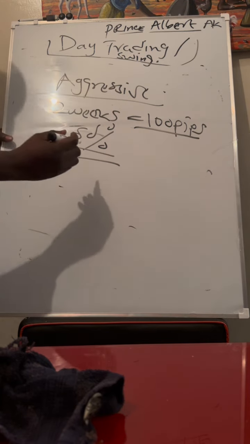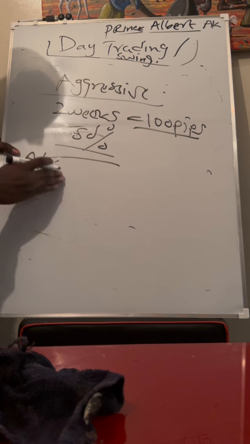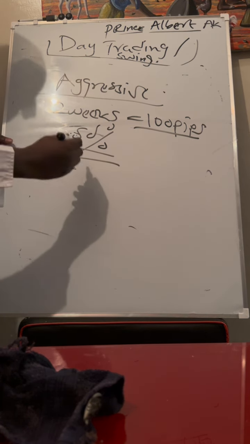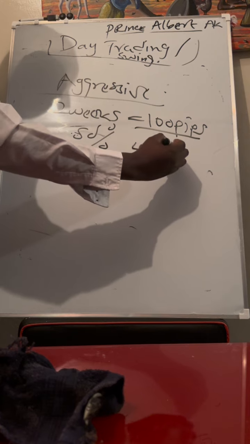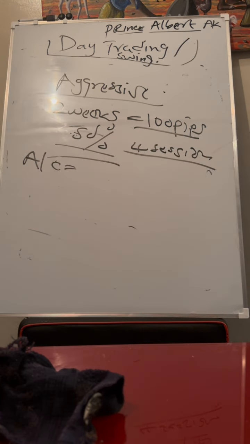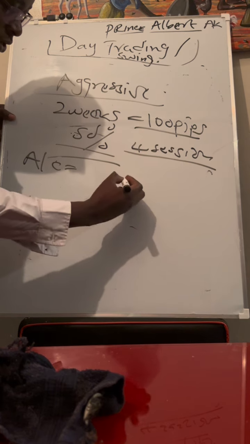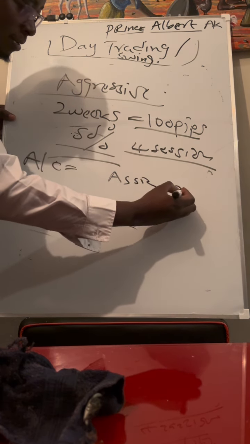So what are you supposed to do? Because you are trading 4 sessions, remember, if you are doing 1 session, you can make 30% in every session. If it's the Asian session, give it 30%.